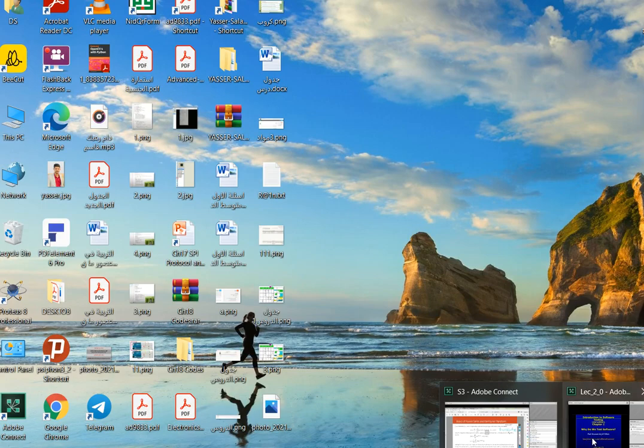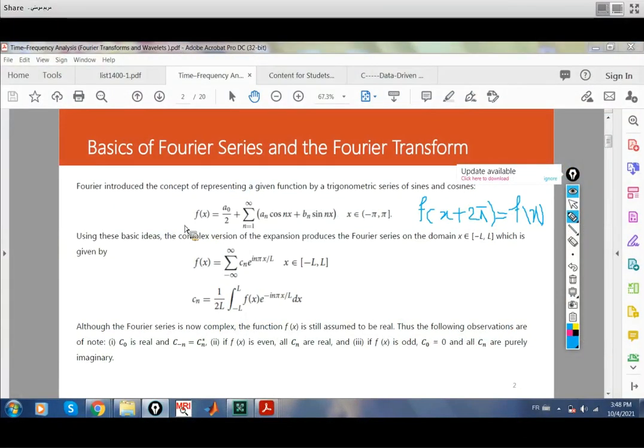And we proved in that course that if f(x) is real, we can represent it with a constant plus a series of sines and cosines.